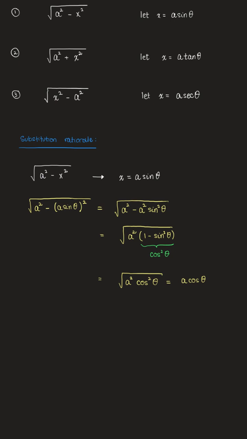Otherwise, we would need an absolute value. But for now, let's just leave it like that. What was powerful about what we just did is that we started with a difference of perfect squares inside a root. We cannot take anything out here. But by substituting a trig function and factoring so we could write a product, then we could pull out the square roots of a perfect square to get a simplified form, a cosine theta.